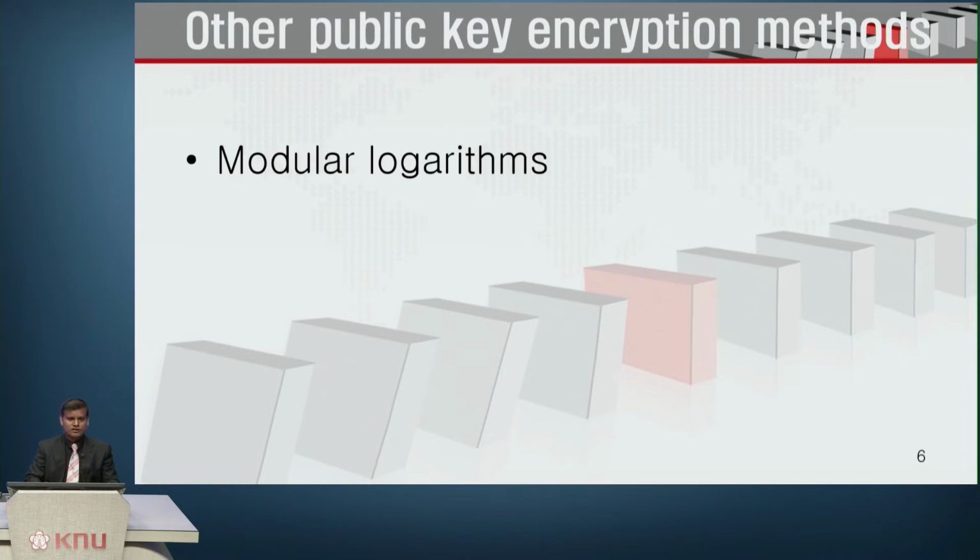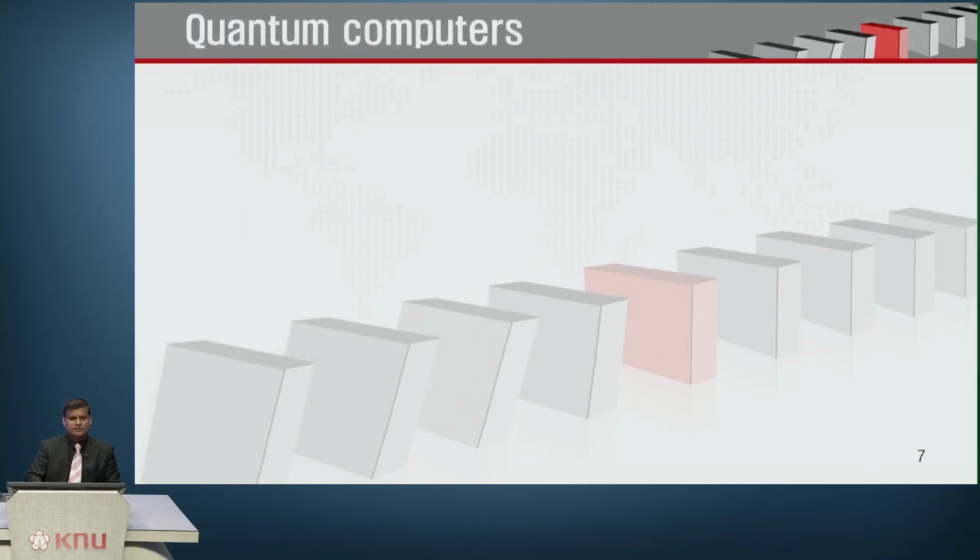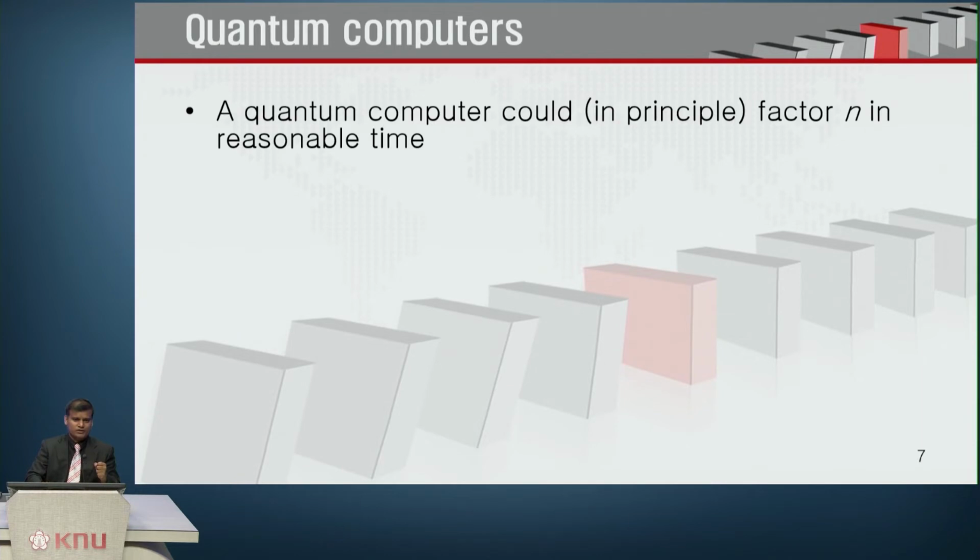There are a few more public key encryption methods, like modular algorithms. This has been developed by the US government, so at times it's not widely trusted. And elliptic curves are another mechanism. But these days quantum computers are getting popular. When I say a quantum computer, in principle it can factor n in reasonable time.